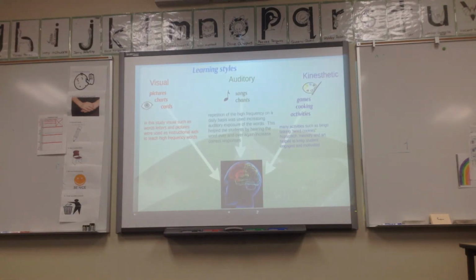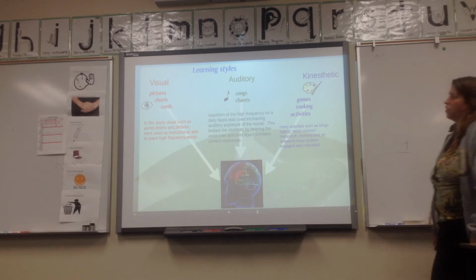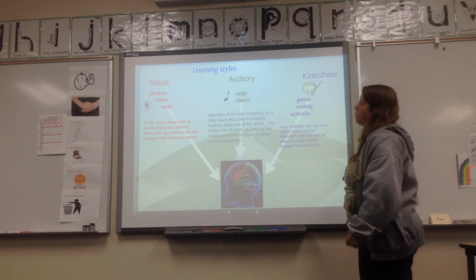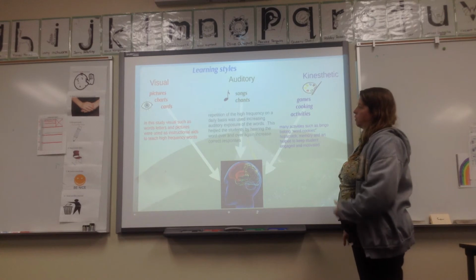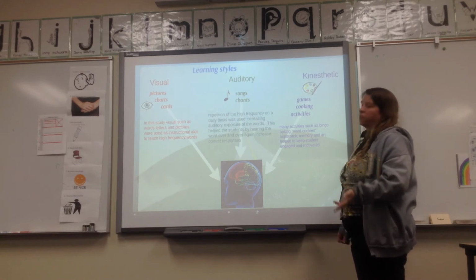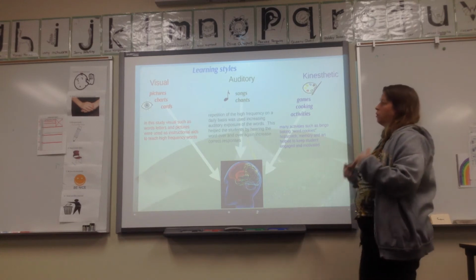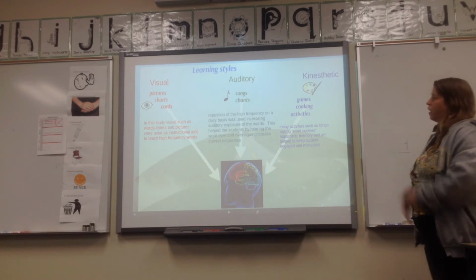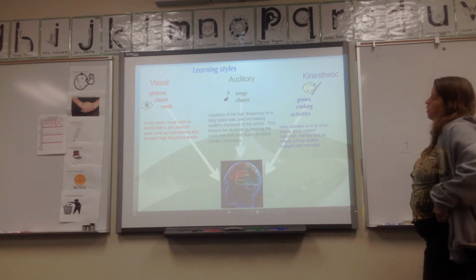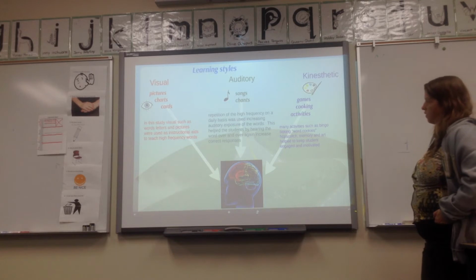Okay, so these are our learning styles. They have visual. Visual, obviously, is picture charts and cards, videos, anything that we would use. For my study, I used words and letters, flashcards, worksheets, those types of things to help the students. Auditory is a lot of the time songs and chants.